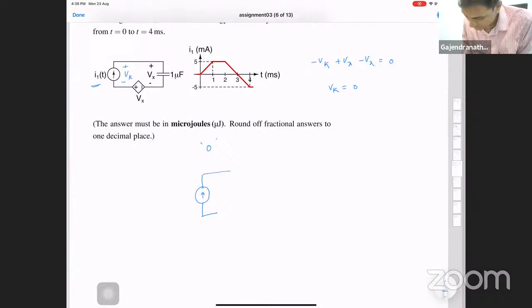Those two are getting added up and becoming 0. Since it's a short circuit, the power it has to give would have to be infinite.